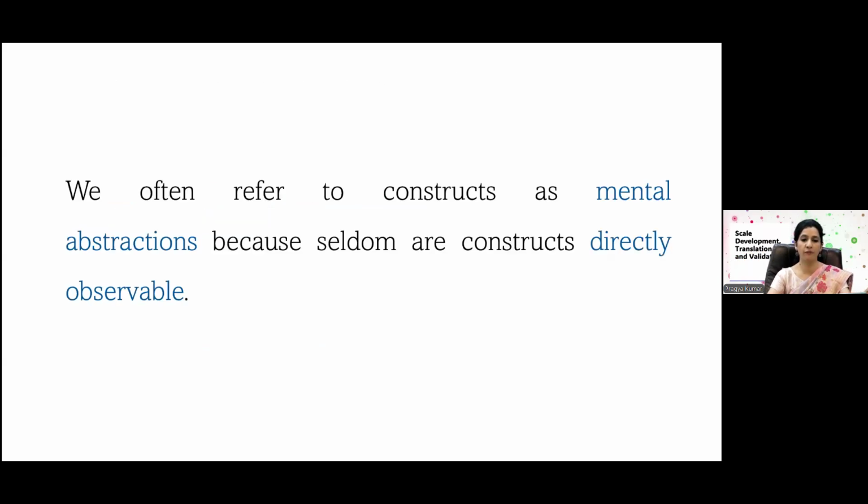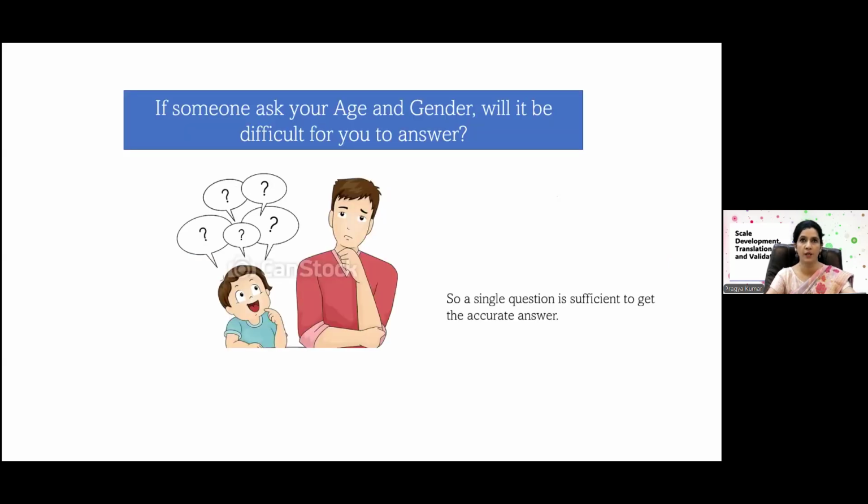So we often refer to these constructs as mental abstractions because they are never directly observable. That we have seen. And there is another difference between a variable and a construct. If someone asks your age and gender, will it be difficult for you to answer? The answer will be no, because you can definitely tell your age and your gender.